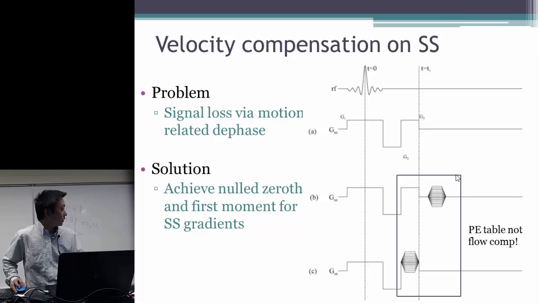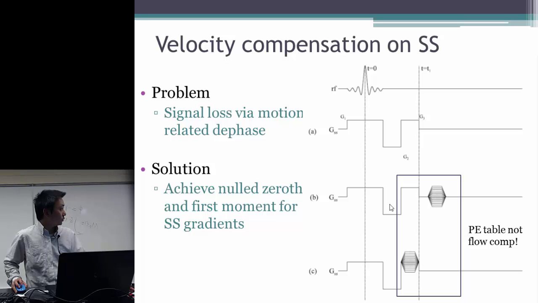And then we do everything else to the readout after this one. So there will not be any additional phase associated with the motion along the slice select, as long as its first gradient moment is compensated along the slice selection gradient direction.